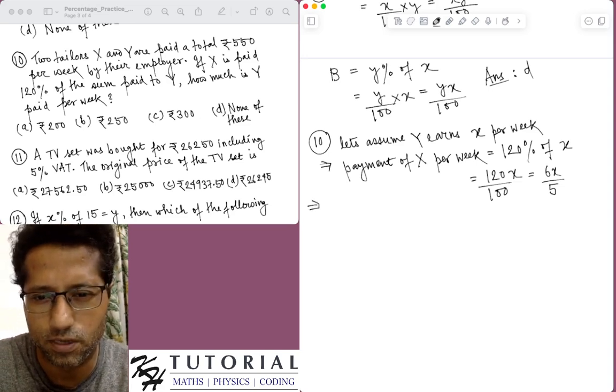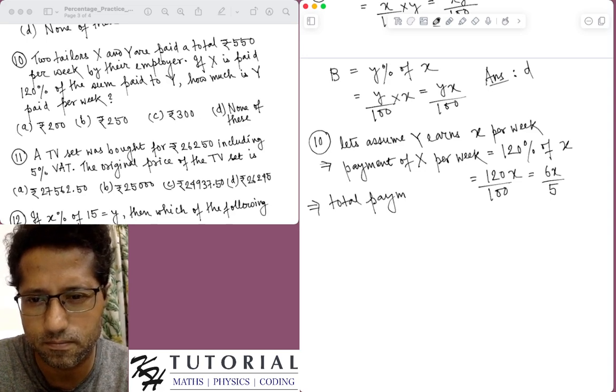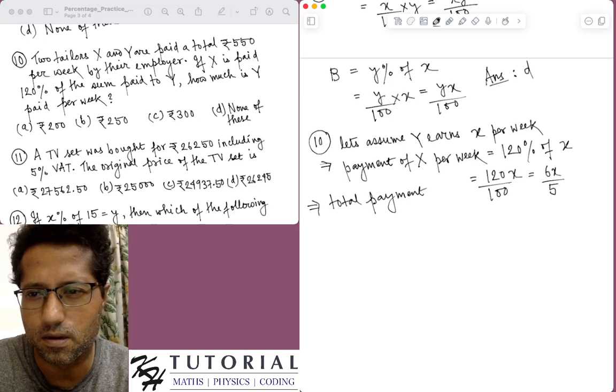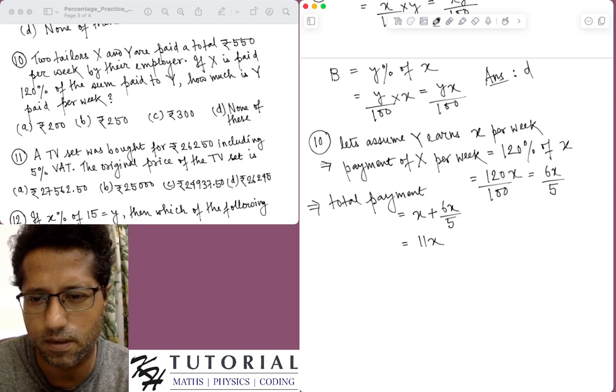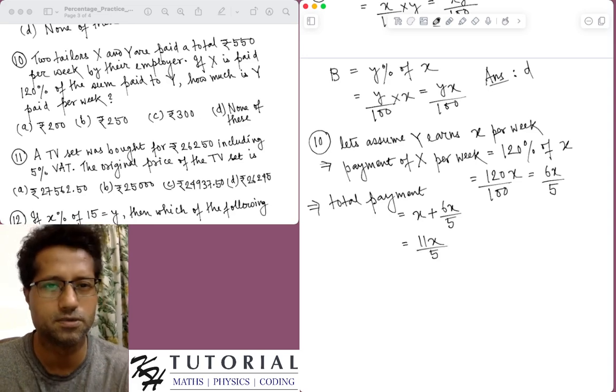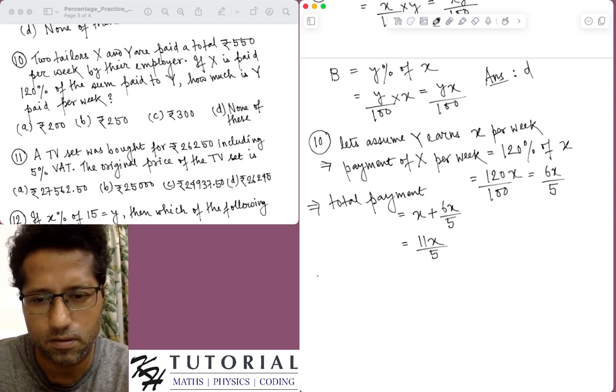So total payment is equal to x plus 6x by 5. This is 11x by 5, and the total payment is given to be rupees 550.